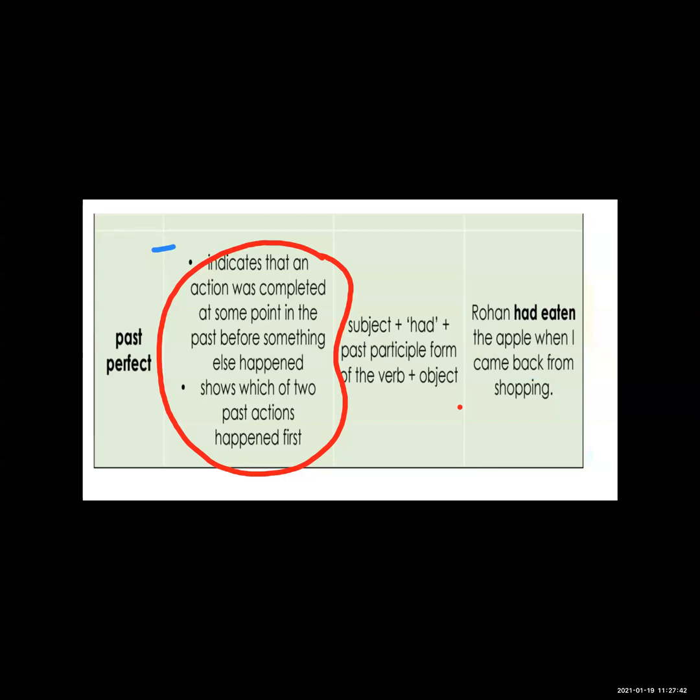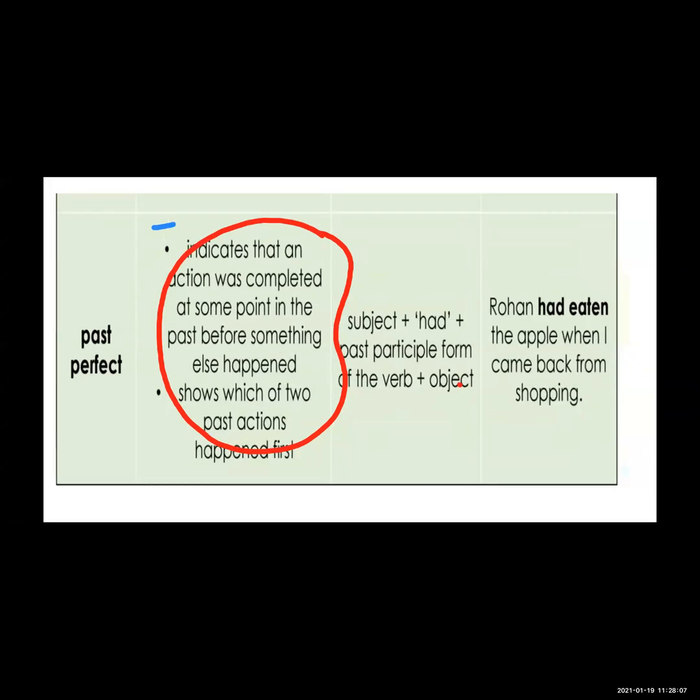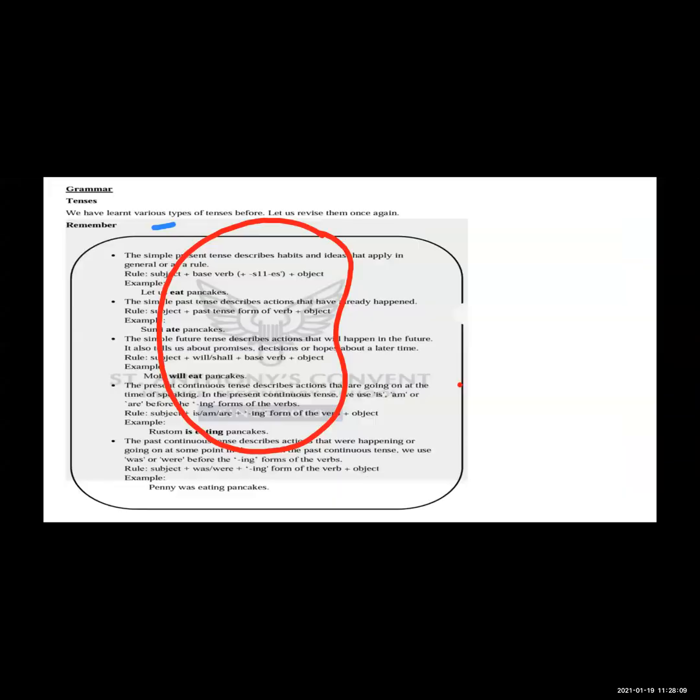So when the action happened recently in the past, there we use simple past tense, and when an action happened earlier in the past before the second action happened, at that time we use past perfect tense, but both actions are in the past. Okay, now see, this is all about the past perfect tense.